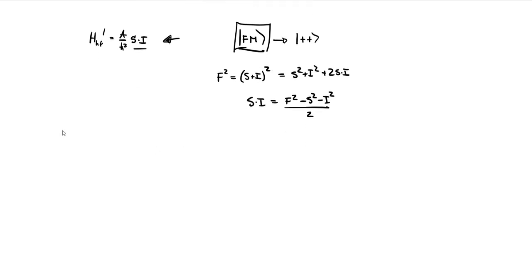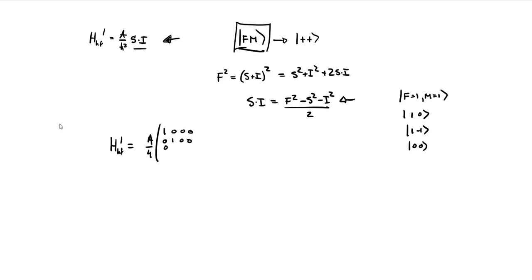And in the Fm bases, so using our F equals 1, m equals 1, and our 1, 0, and our 1, negative 1, and 0, 0 Fm bases, every one of these operators is diagonal, right? So our perturbation Hamiltonian ends up being just A over 4 times the matrix 1, 0, 0, 0, 0, 1, 0, 0, 0, 0, 1, 0, 0, 0, 0, negative 3, right?